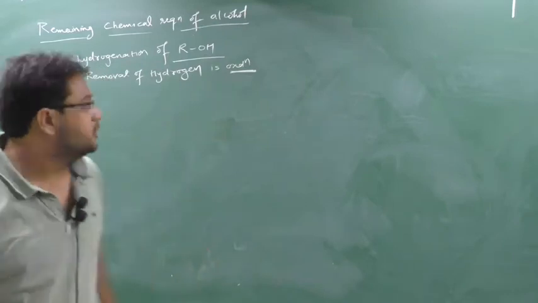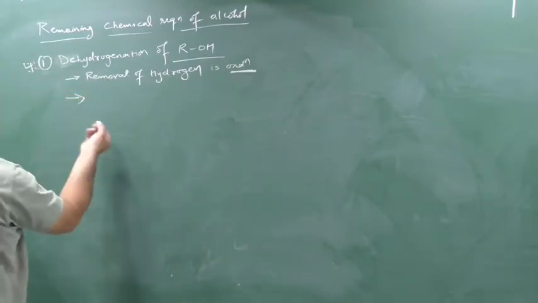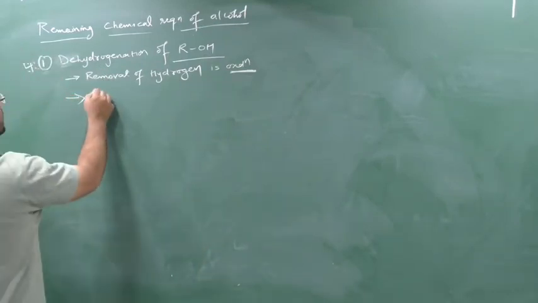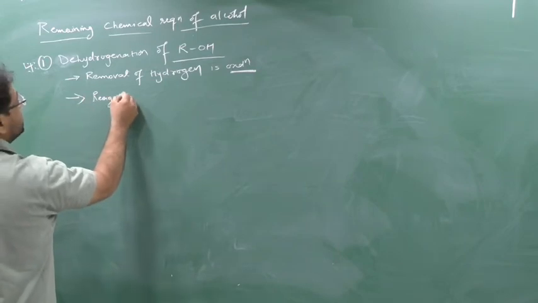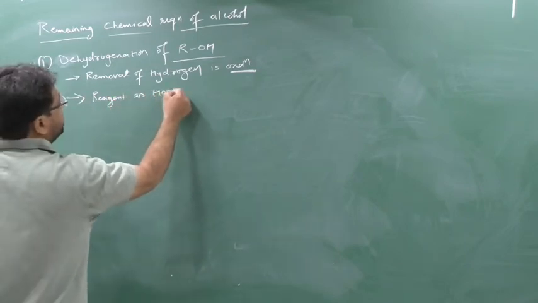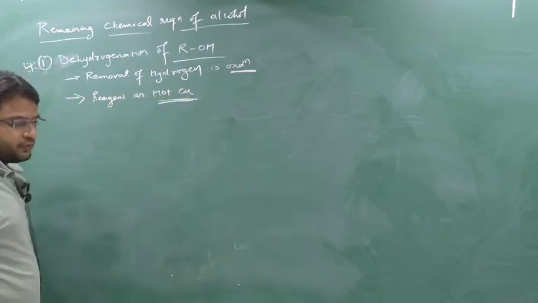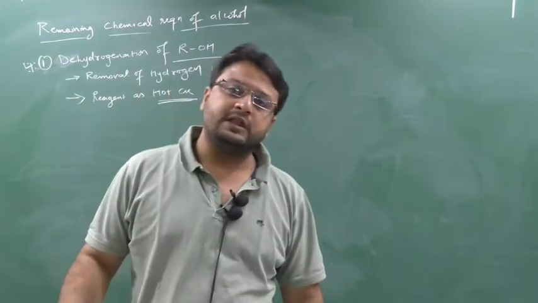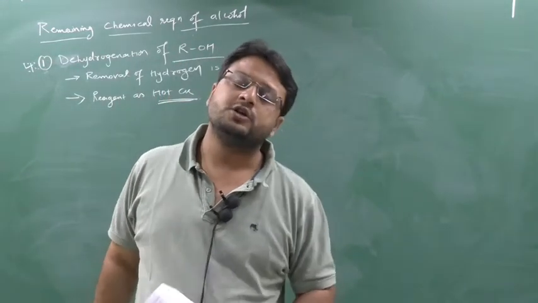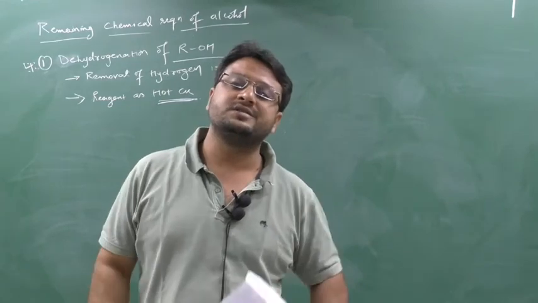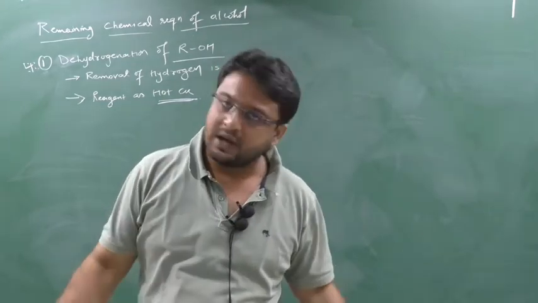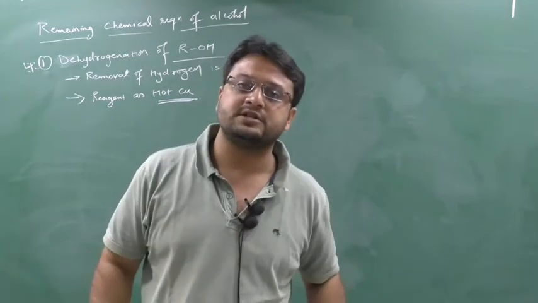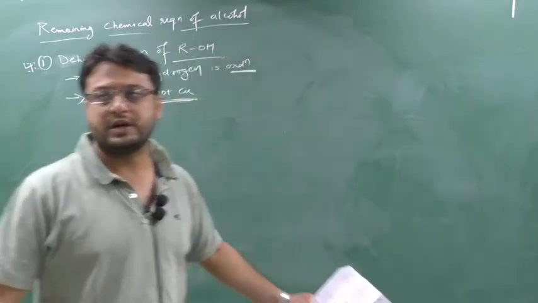Point number 2, here we are using the reagent hot copper, red hot copper. So whenever you see any alcohol with red hot copper, understand this is a reaction of dehydrogenation, and there is no mechanism to be studied, just do the reaction and you will understand the logic.